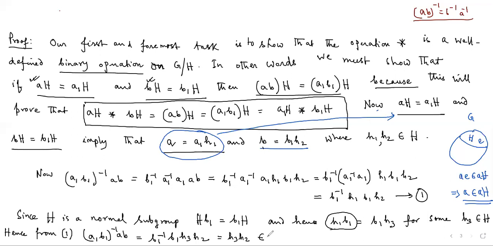Obviously it will belong to capital H, because H1 H3 belonging to capital H, H2 belonging to capital H, and therefore H3 H2 will belong to capital H. This implies that A1 B1 H is equal to AB H.